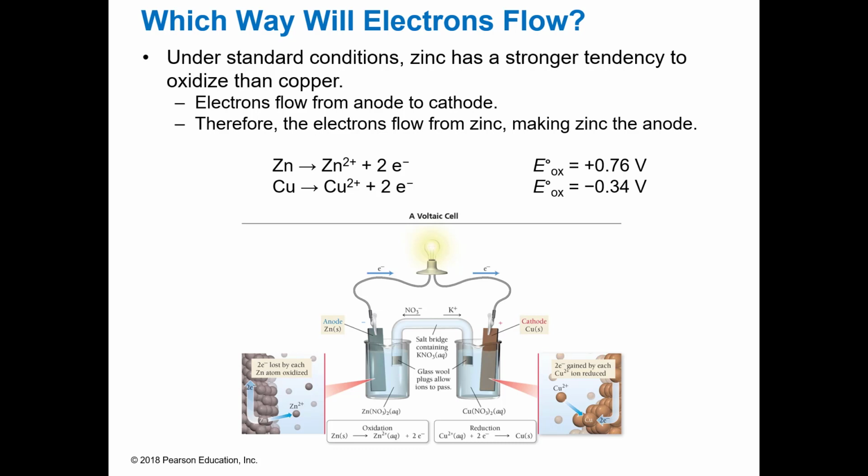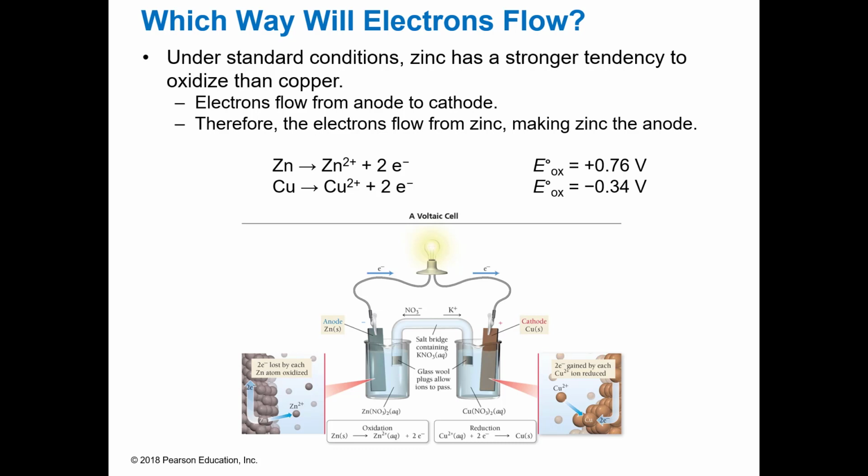Copper will be reduced because zinc's electromotive force is much greater than copper's electromotive force for oxidation. So because zinc is positive 0.76 and copper being oxidized is negative 0.34, the copper reaction is going to go in reverse. The copper 2 positive ion will gain 2 electrons and become copper metal.